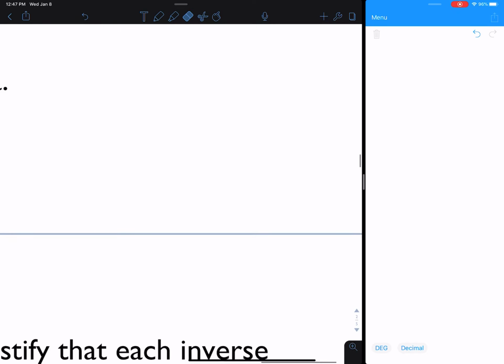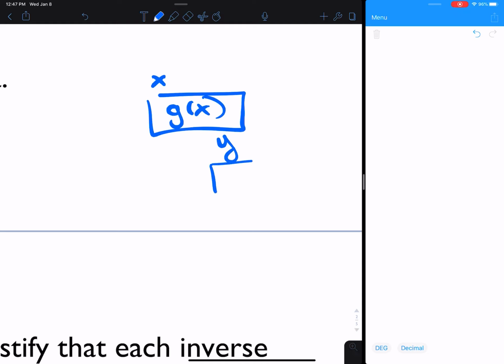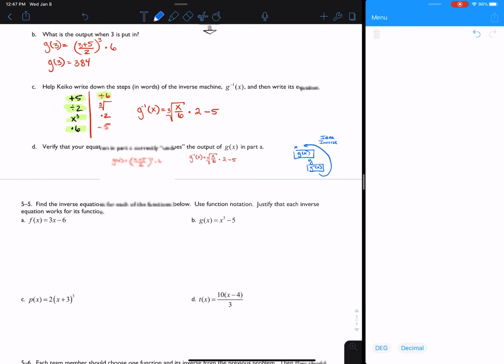If I have g of x, and I put x here, whatever comes out of that function is now the input for the next. I'll call that g inverse of x. What comes out of this function, if y is the input, then it should be the original x value that I started with for it to be a proper inverse. So that's the idea. So let me go ahead and test that.